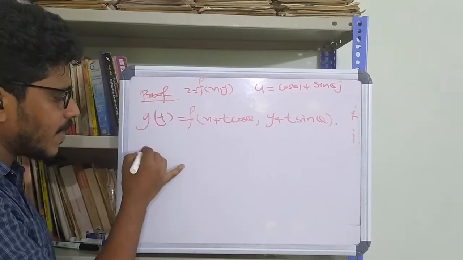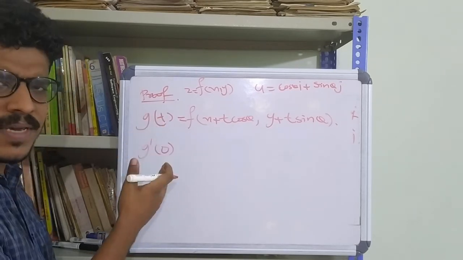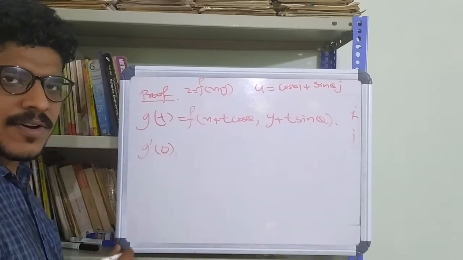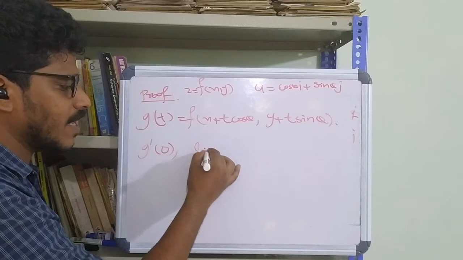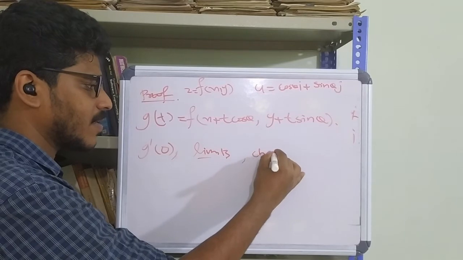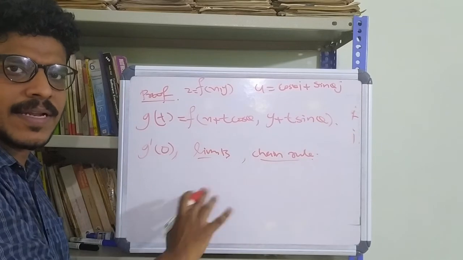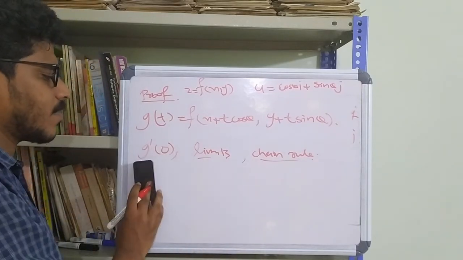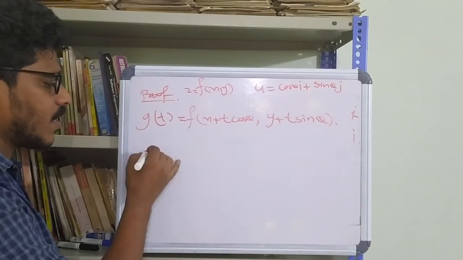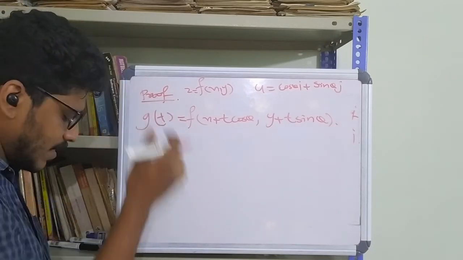Now our strategy is to find g dash of 0, the derivative of g with respect to t at 0, in two different ways. First, we will use the formal definition using limits, and then we make use of the chain rule which you have learned. We will get two different expressions from this, and we will equate them to reach our conclusion. So let's first use the limit definition of derivatives.